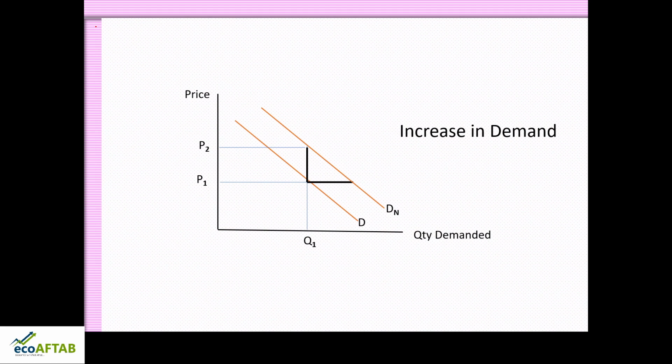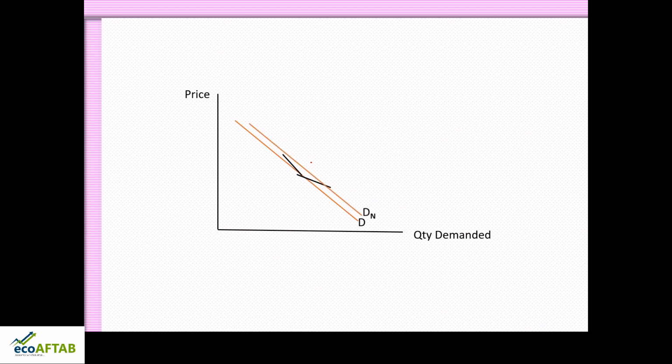So increase in demand is happening when at the same price he is buying more, or the same amount of quantity he is buying at an increased price. So both these situations are called increase in demand. Exactly the reverse of this will be decrease in demand. So what is happening in decrease in demand?